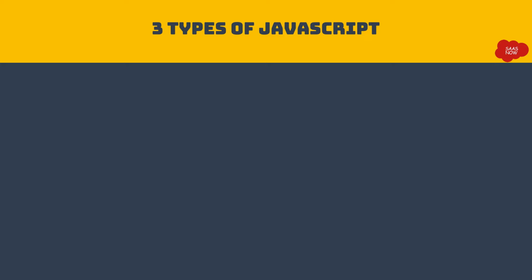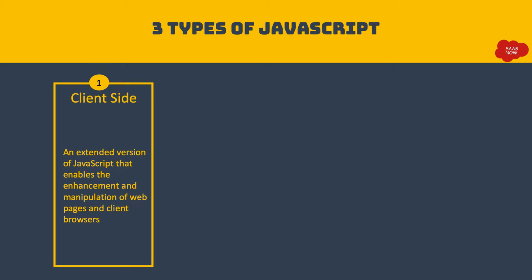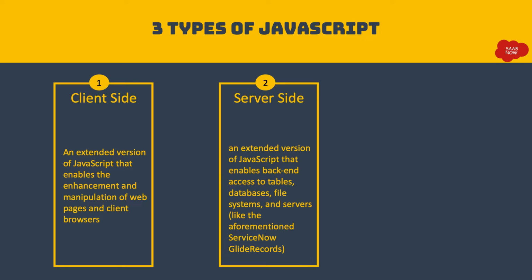There are three types of JavaScript. Client-side JavaScript, which is an extended version of JavaScript that enables the enhancement and manipulation of web pages and client browsers. Server-side JavaScript, which is an extended version of JavaScript that enables backend access to the tables, database, file systems, and servers.